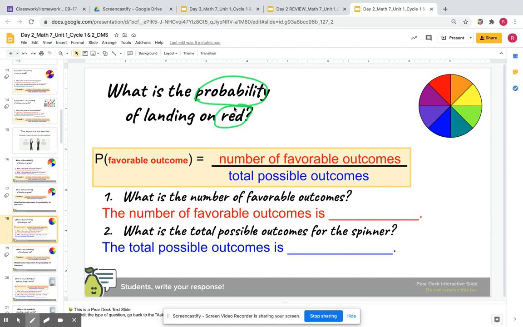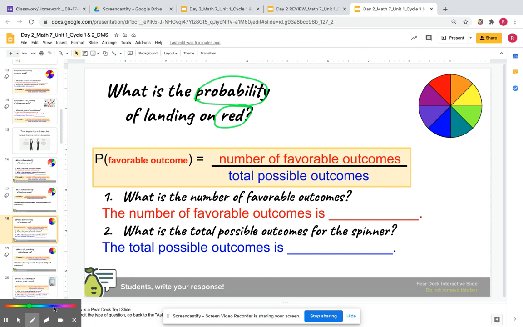So based off that, we have some type of tool to find probability now. It's called an equation. This equation reads, the probability of a favorable outcome equals the number of favorable outcomes divided by the total possible outcomes. Okay, so with this equation, we're going to go ahead and use it right now.